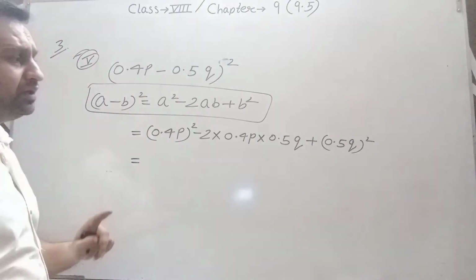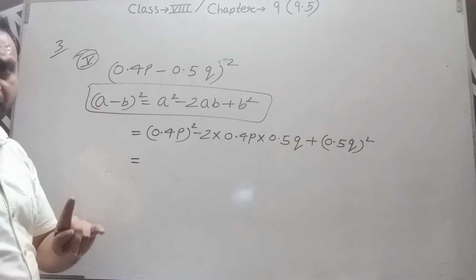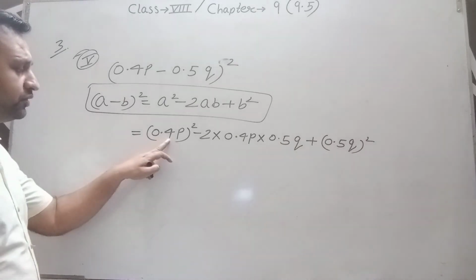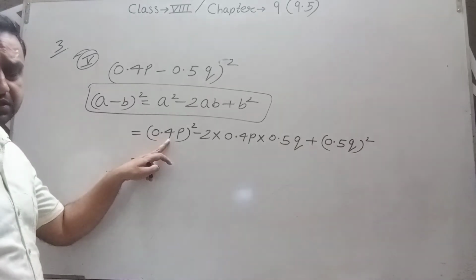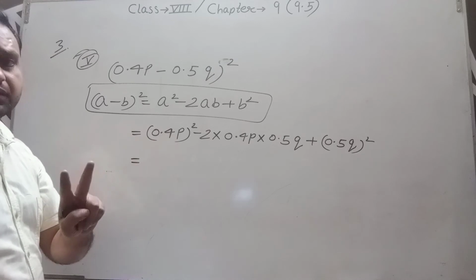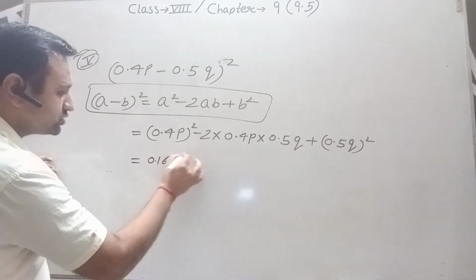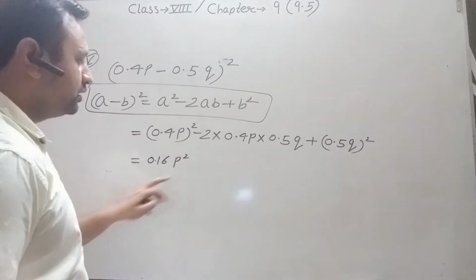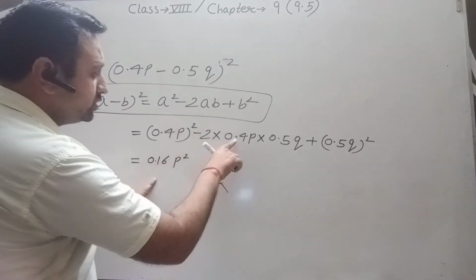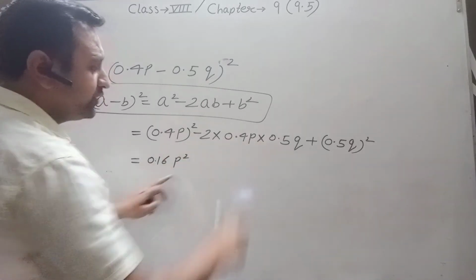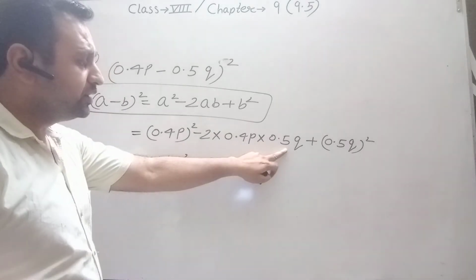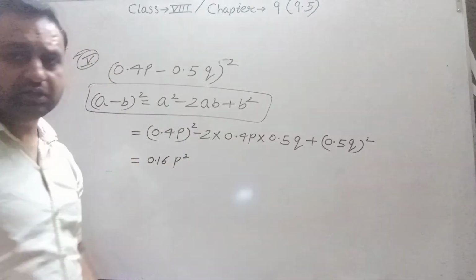With decimals, always be careful to multiply. 0.4 multiply 0.4: 4 times 4 is 16, and there are 2 digits after the decimal. So 0.16p². 0.4 multiply 0.5: 4 times 5 is 20, and there are 2 digits after the decimal.